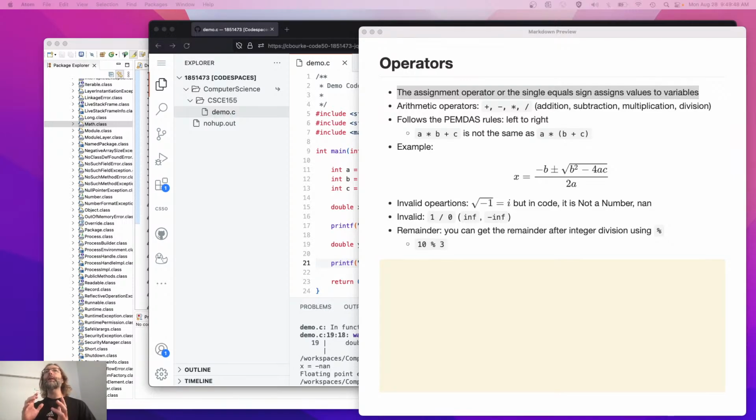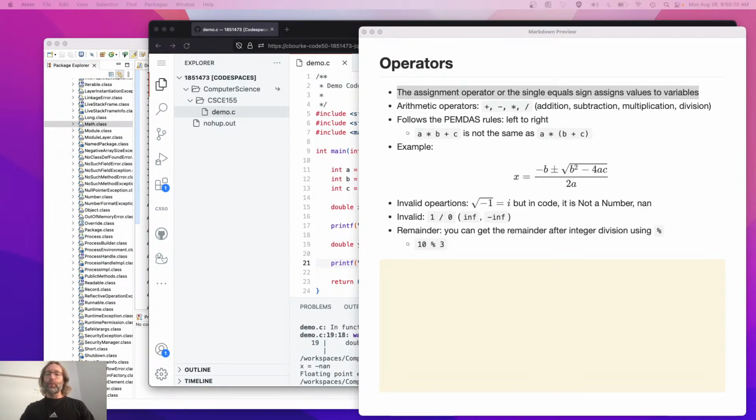If I take 10 divided by 3, what will I get? 3.333333. Think grade school division, where you take 3 into 10 and then you put an R up at the top. What does that R stand for? Remainder. So if you take 10 divided by 3, what's the remainder? 3 goes into 10 3 times, but there's a remainder of 1.